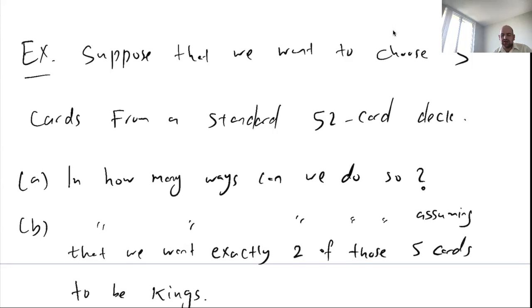Because it doesn't matter which card is chosen as the first card, which one as the second card, which one as the third card. So we just want to know which 5 cards we choose. Once I know which 5 cards I choose, then I know my choice.